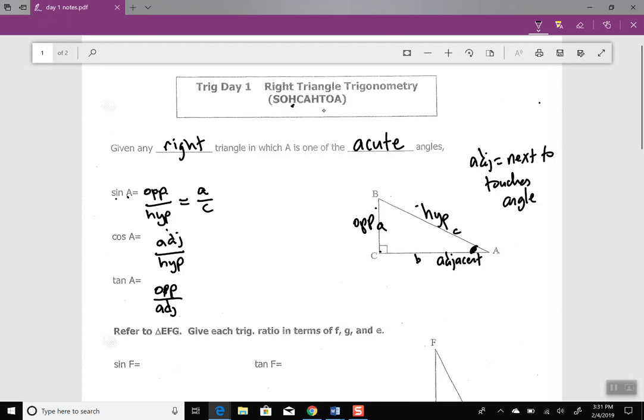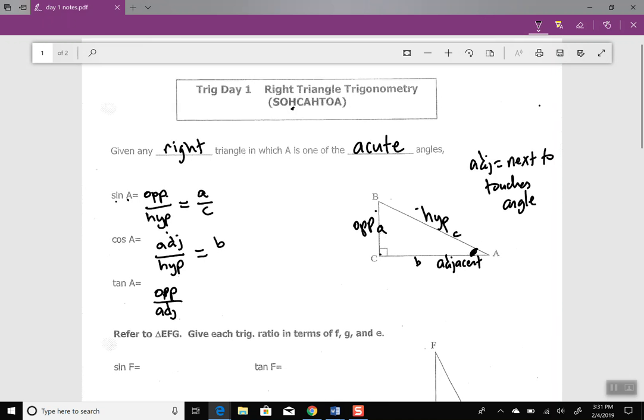Cosine, SOHCAHTOA, is adjacent over hypotenuse. So cosine of this angle A is going to be equal to the adjacent side, which is b, over the hypotenuse, which is c.